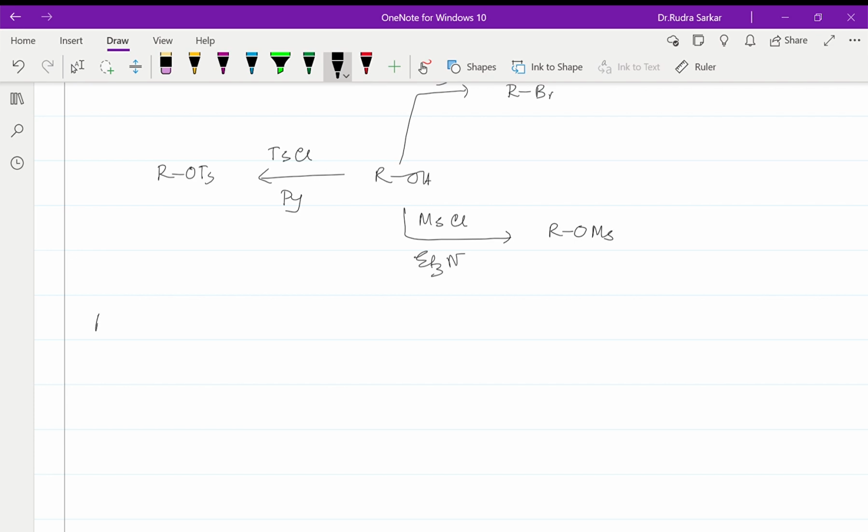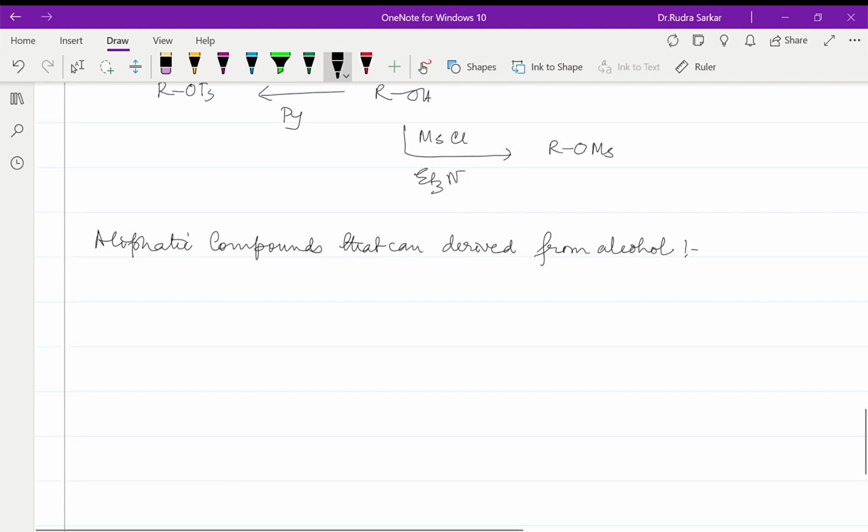Now, aliphatic compounds that can be derived or made from alcohol. What are these?